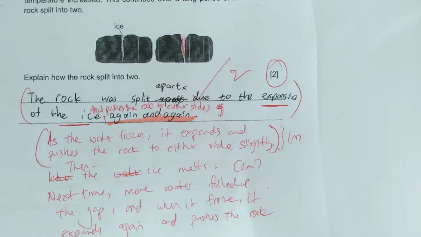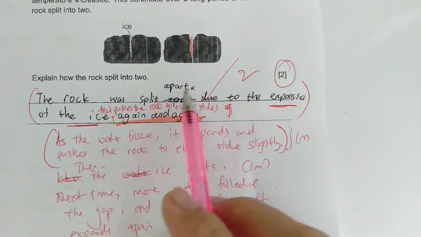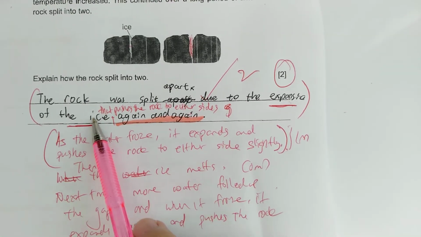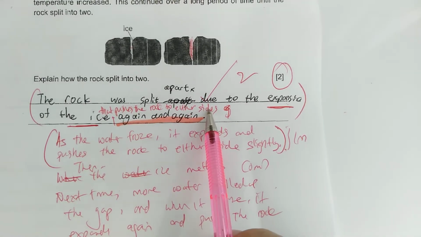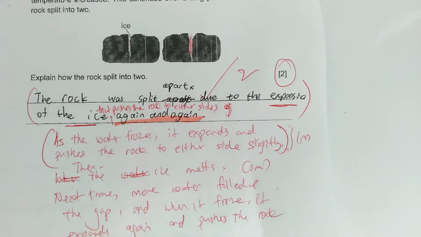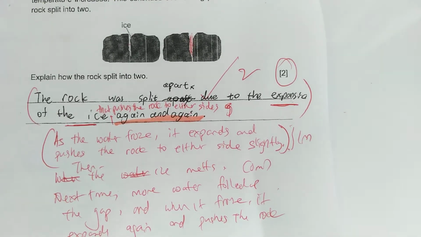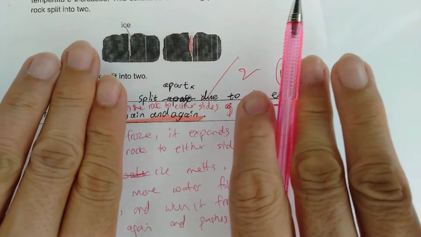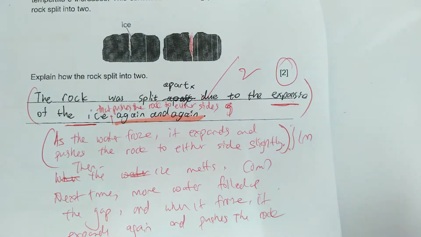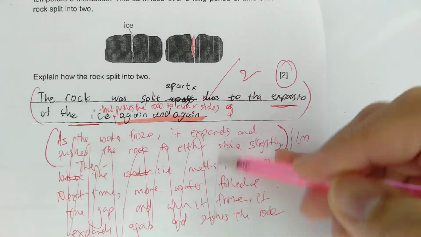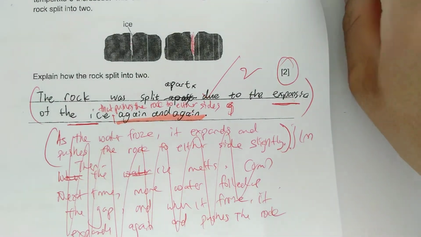Again and again. I think I will improve it in this way. The rock will split apart due to the expansion of the ice that pushes the rock to either side again and again. So keep pushing to both sides again and again until it cracks. So I think that will improve this answer to give a short and sweet 2 marks answer.